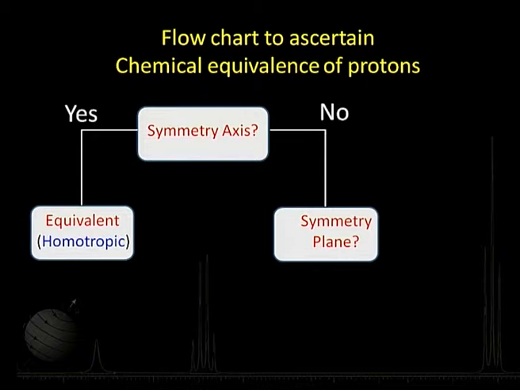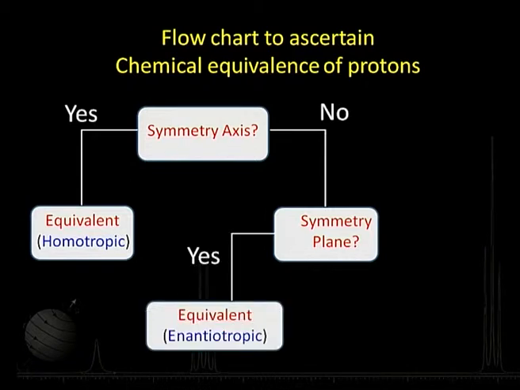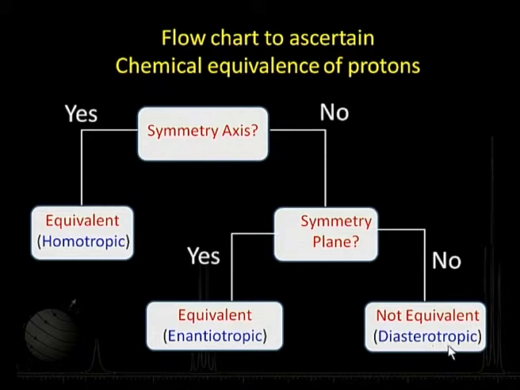If the answer is yes, then these protons are again equivalent, and they are referred to as enantiotopic. And if they are neither related through a symmetry axis nor a symmetry plane, we have diastereotopic protons, which are non-equivalent. So, this flow chart gives you a summary of the different criteria we just discussed. Let us move further.